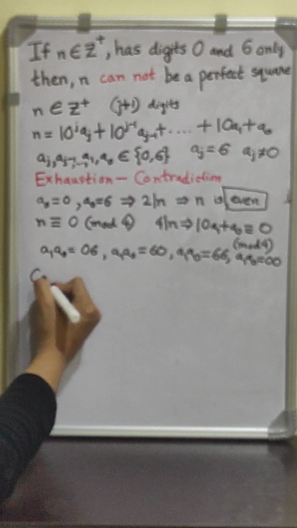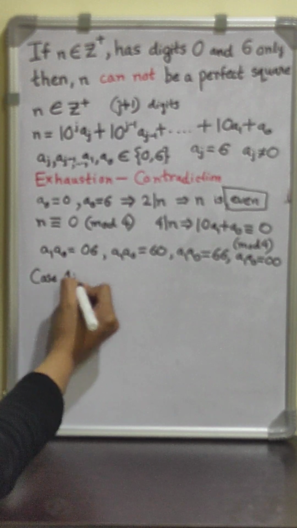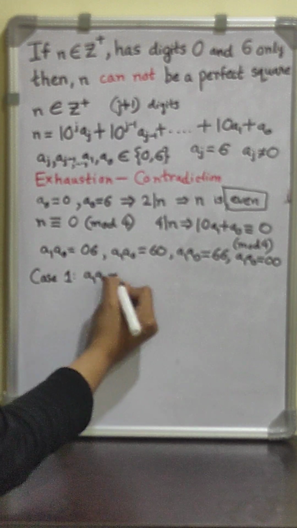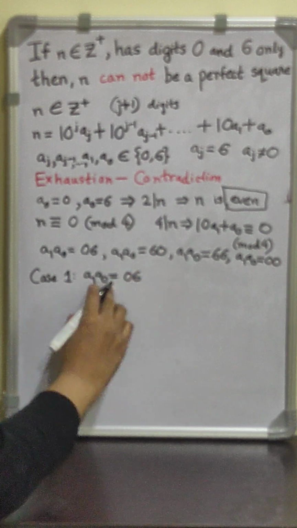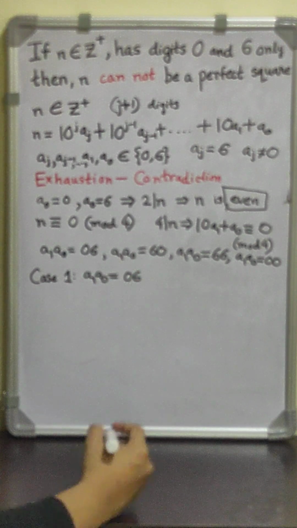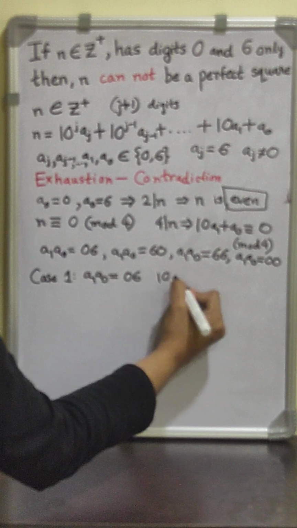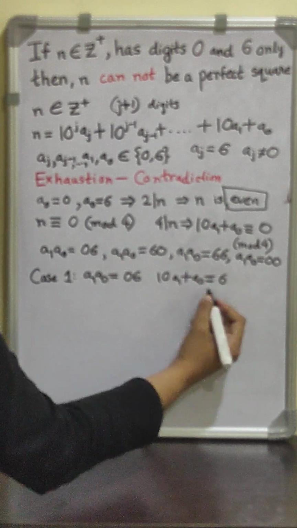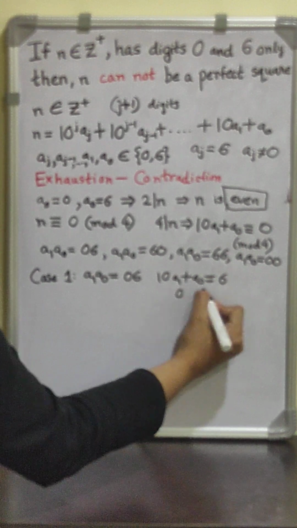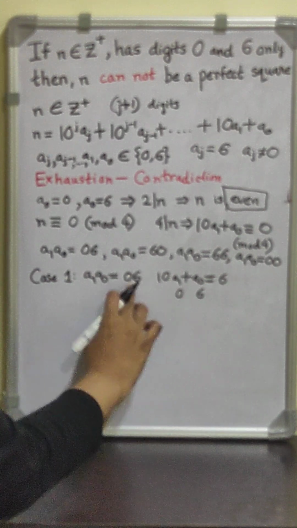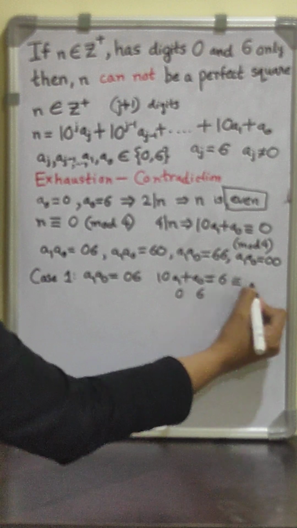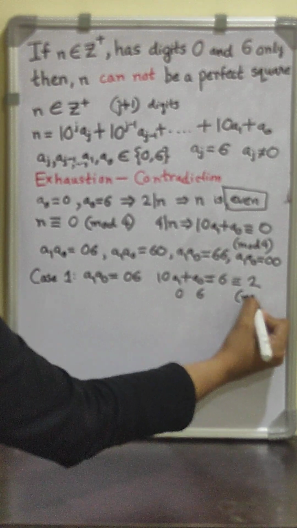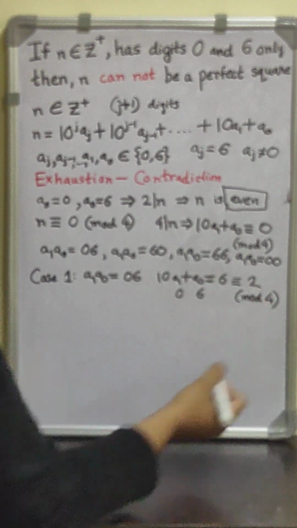Can we do that? So case 1 is when the last two digits are this, and I don't really need to write this because we already know this, but 0 and 6. Is 6 divisible by 4? Clearly not. 6 gives a remainder of 2 mod 4.